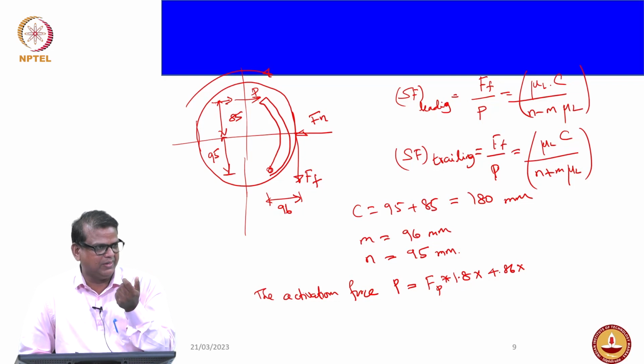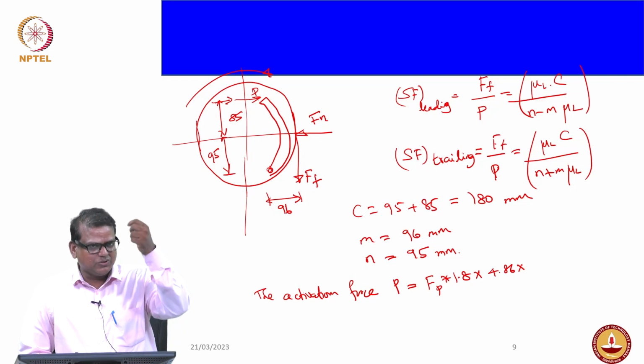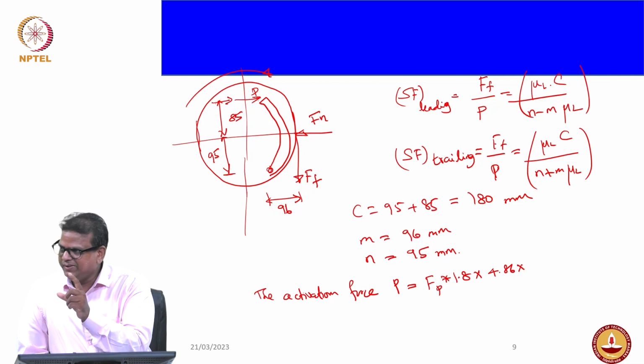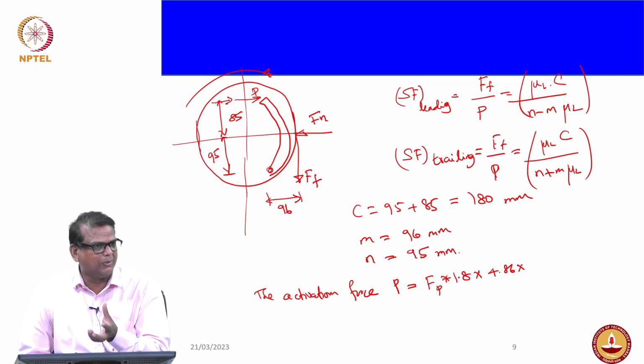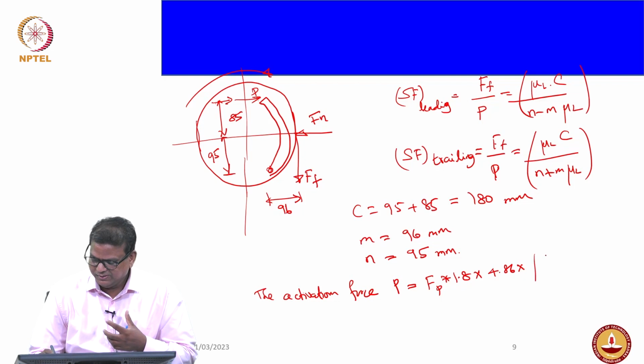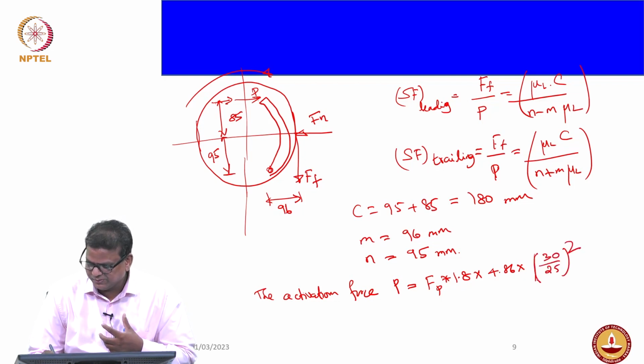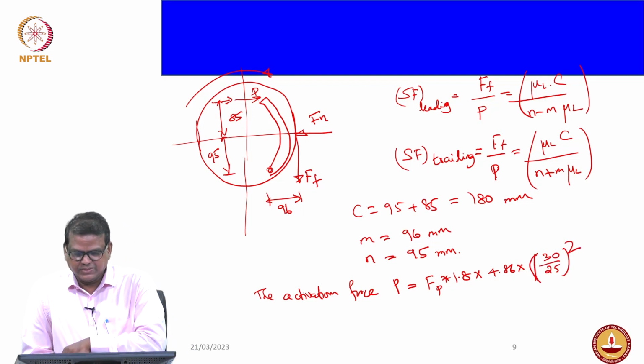But when it reaches the wheel cylinder, the diameter is 30 millimeter, so the pressure will be reduced. So we have to do the proportion, 30 by 25 squared, that's the area ratio.